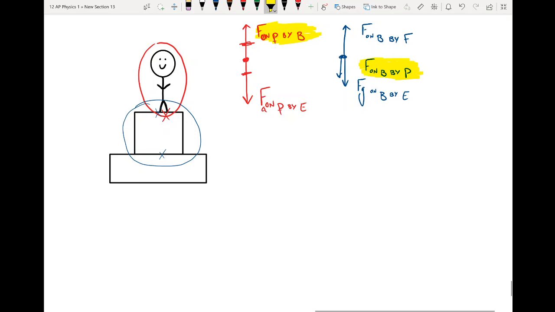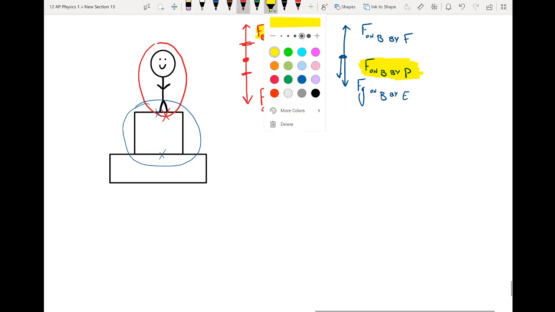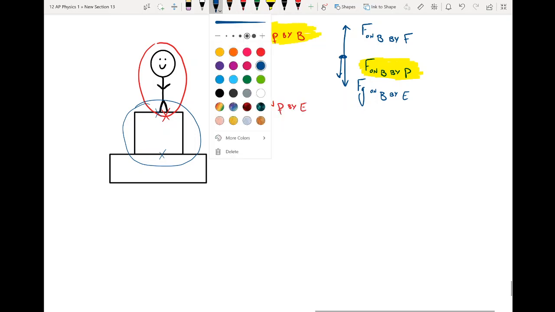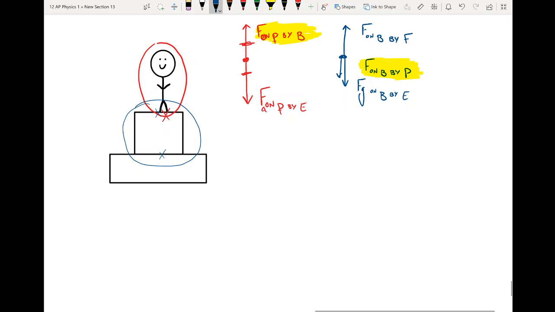We have a force on the box by the person and a force on the person by the box. This is acting on the different objects in our force interaction. So this is a pair. I'm just going to number it. It's our first action-reaction pair.